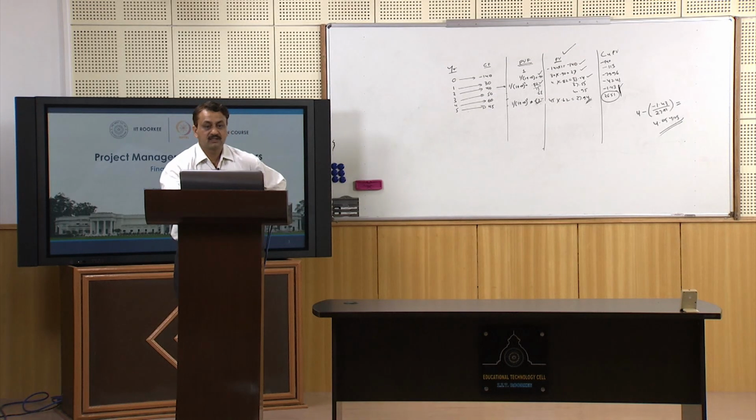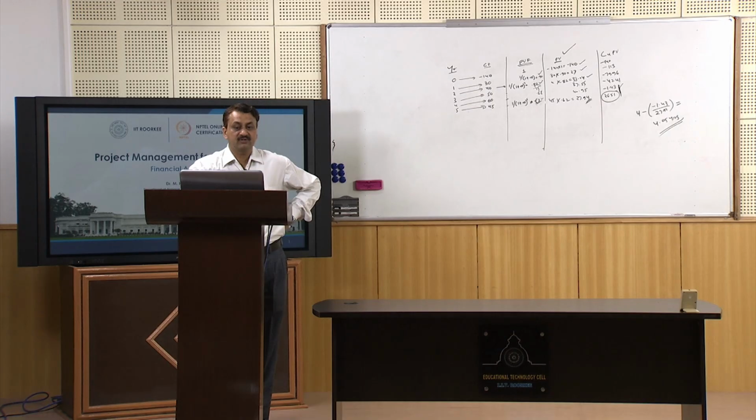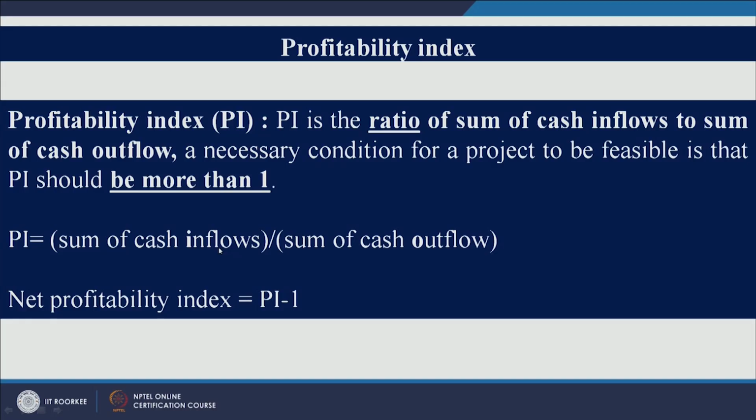Now let us look at a couple of other capital budgeting techniques. The first one is the profitability index. Profitability index is the ratio of cash inflows to cash outflows. If this ratio is 1 or more than 1, then you should go for that particular project; we'll say that project is a good project. So you can calculate PI as the sum of all cash inflows divided by cash outflows.